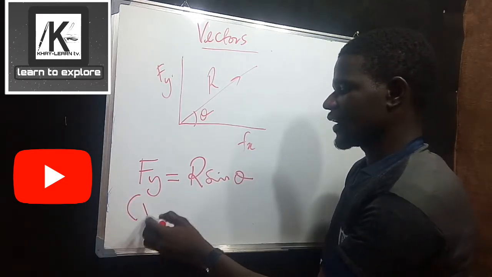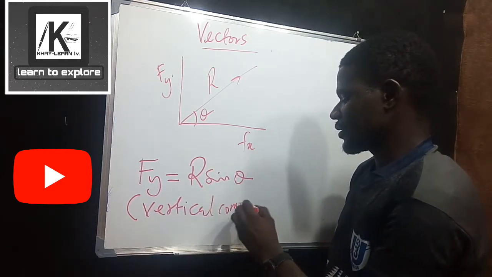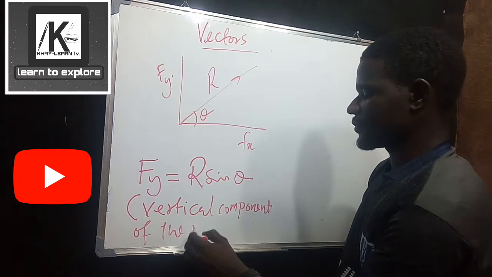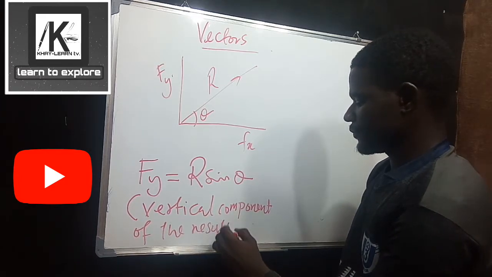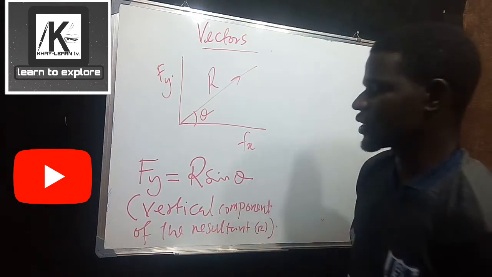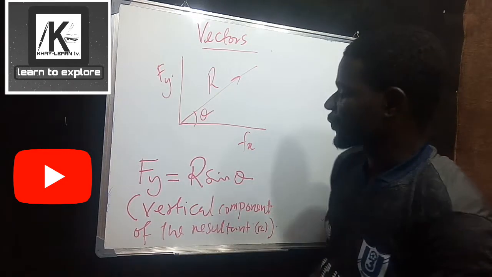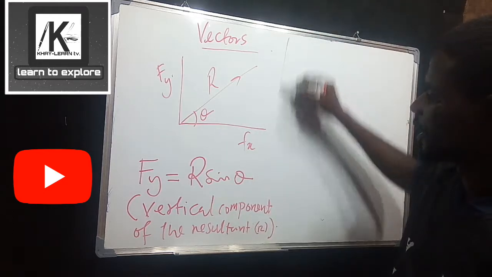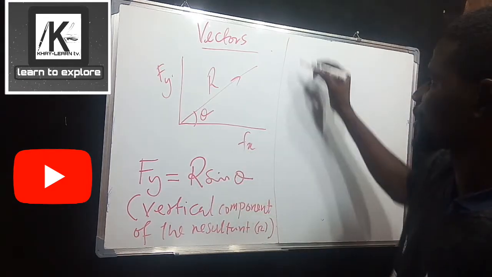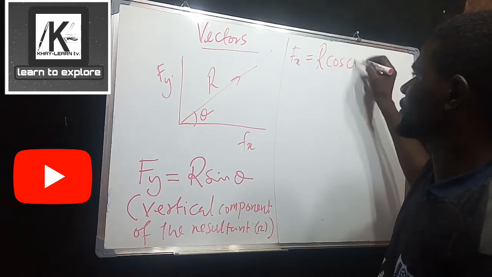We call it the vertical component of the resultant R. Next, I have the horizontal component, which is the vector along the x-axis, Fx equals R cos theta.